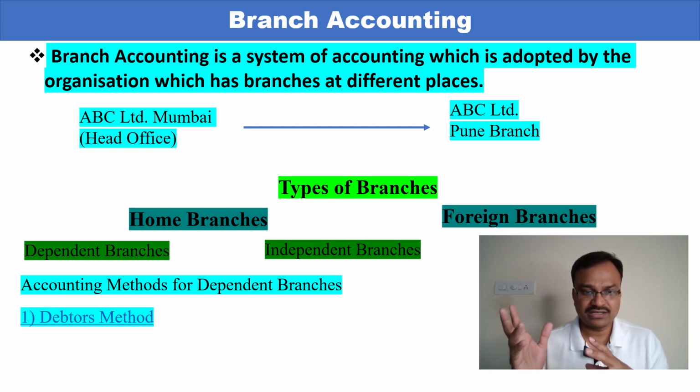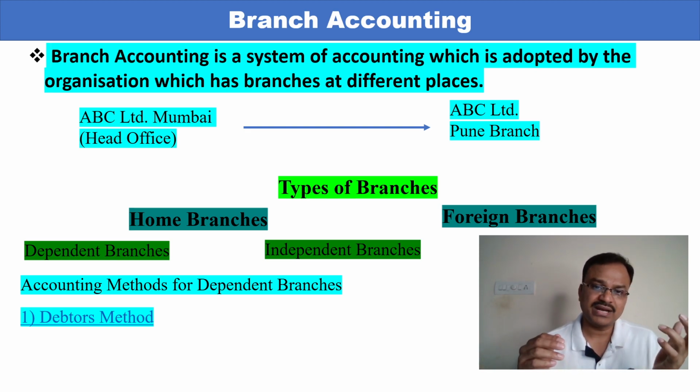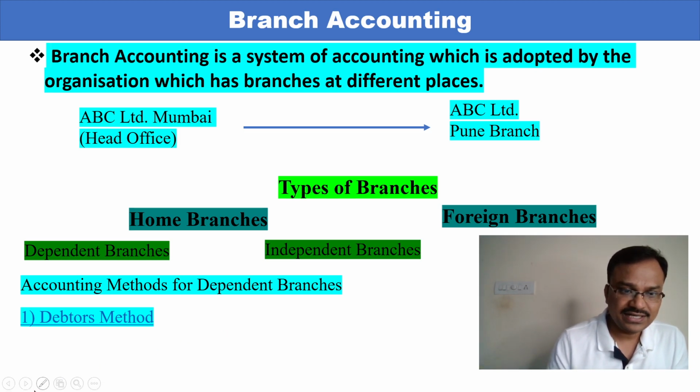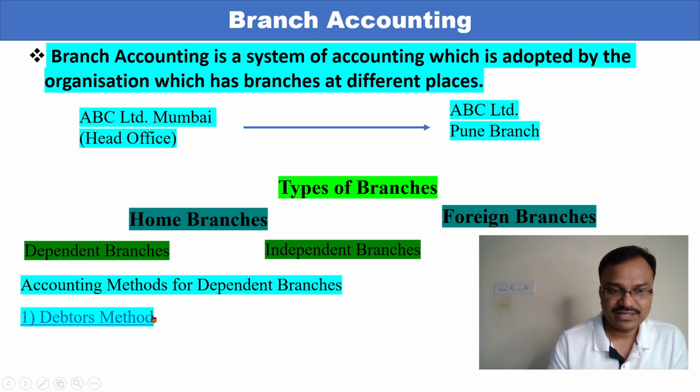One branch is at Pune and the second branch is at Mumbai. In that case, it maintains two separate accounts for ascertaining the profit or loss of those branches, right? So it means under the debtors method, the main account which is prepared to ascertain the profit or loss is the branch account itself, right?